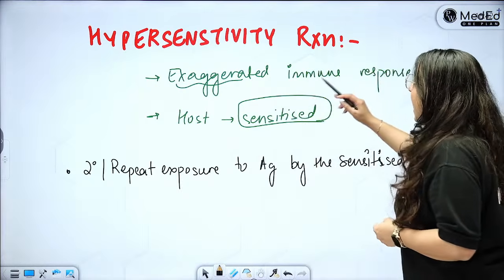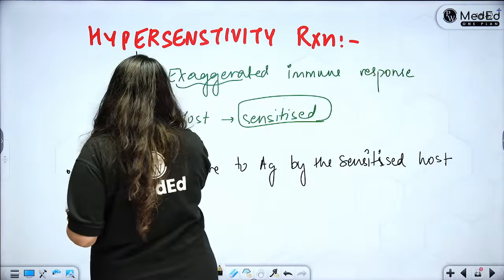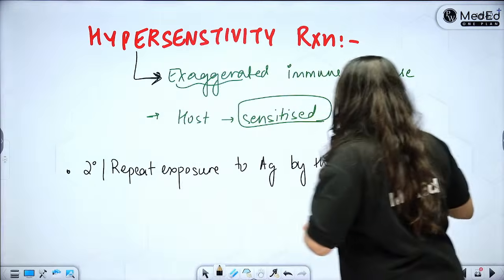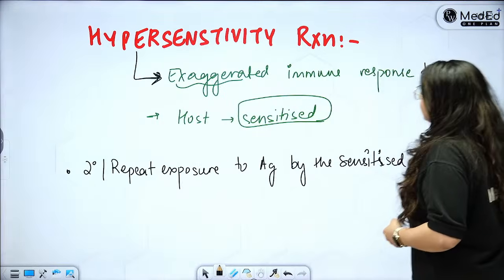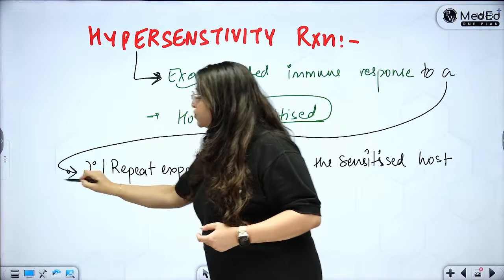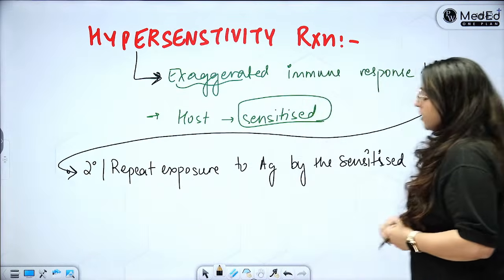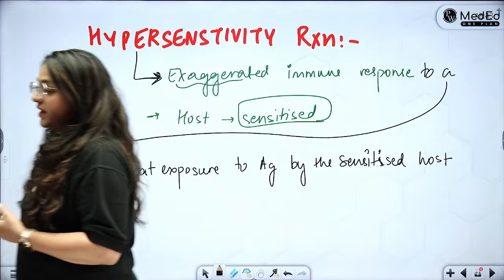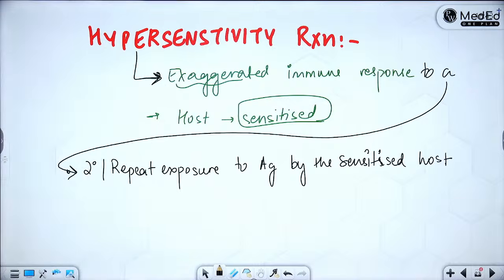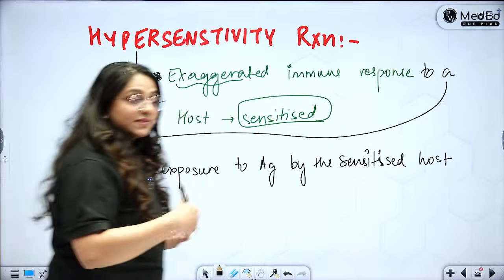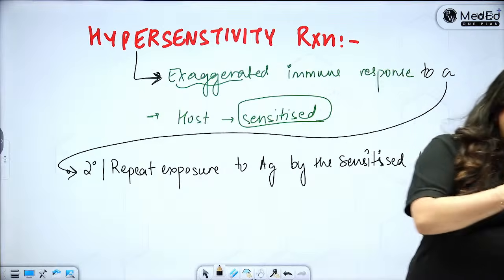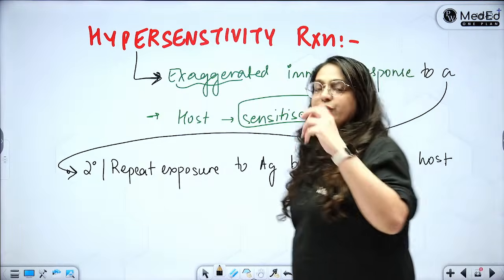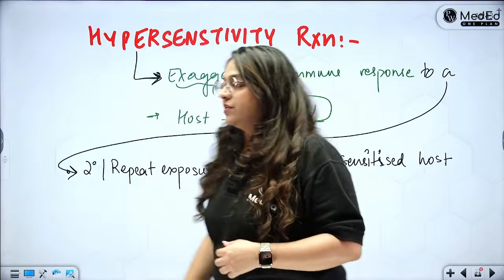So a hypersensitivity reaction is an exaggerated immune response to a secondary or repeat exposure to an antigen by a sensitized host. There was a host that was sensitized, it saw the antigen again, and it gave a hyper-exaggerated response.